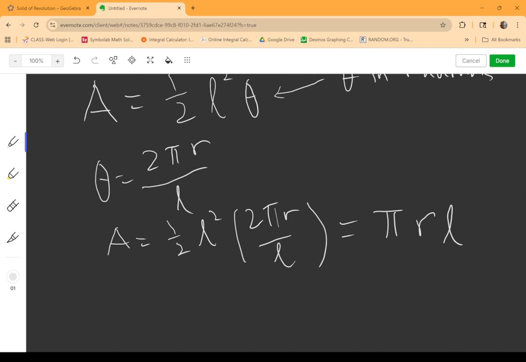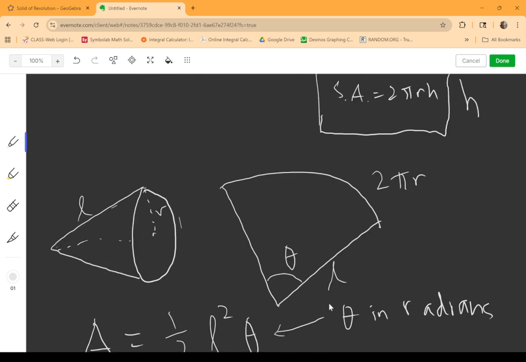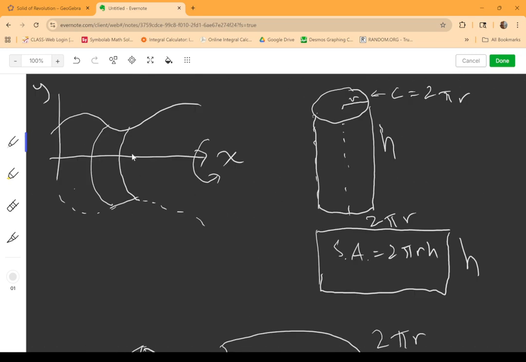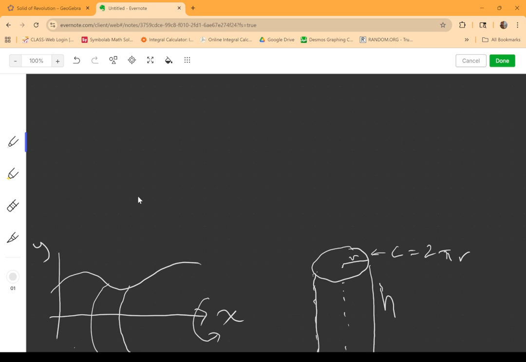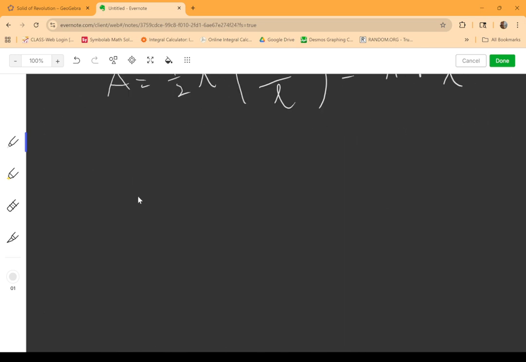All right, so the next step is, let me develop a formula for the area of a figure like this little cone with the top cut off. So bear with me as we imagine a cone where the top has been cut off.